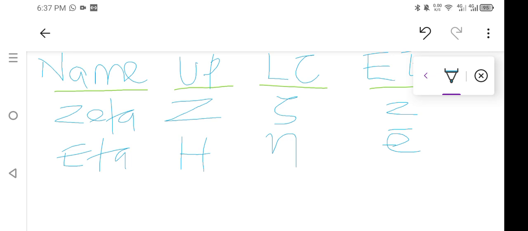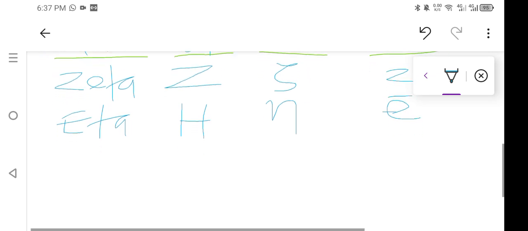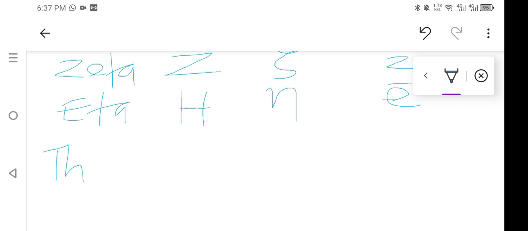And the third letter for us today is theta. Now, theta, those of you who've done science, physics, and probably math at the high level, you've found this letter, this symbol. Let me write it. The uppercase capital letter for theta is like that.